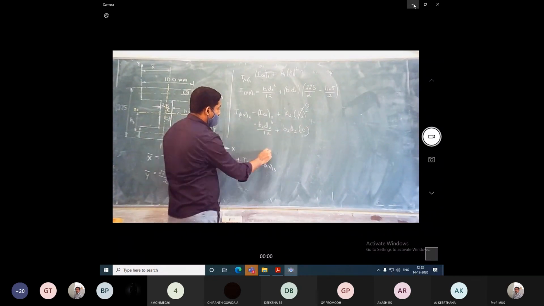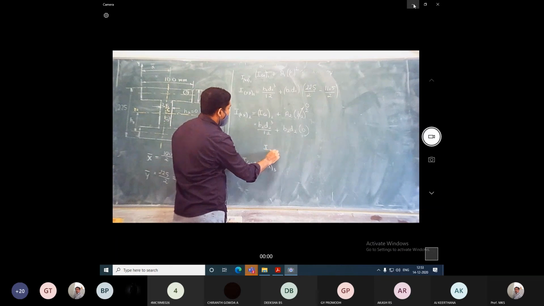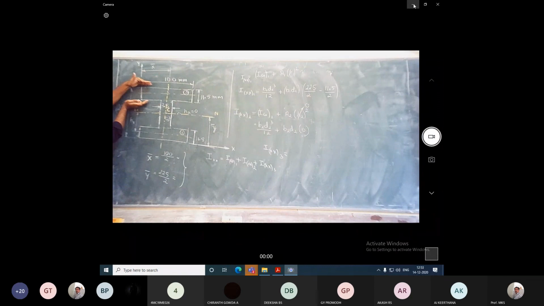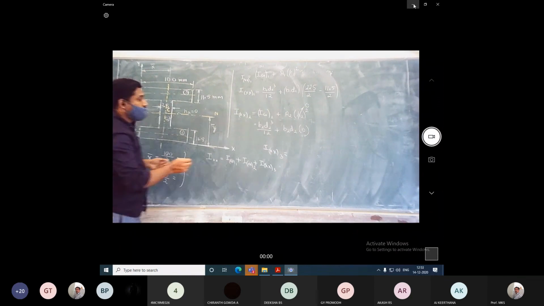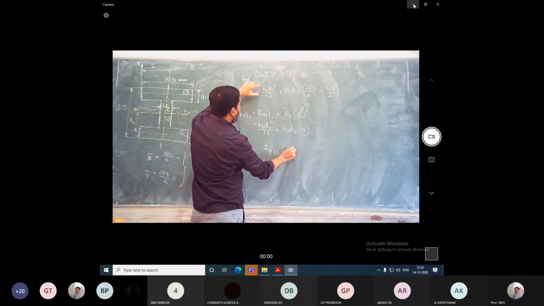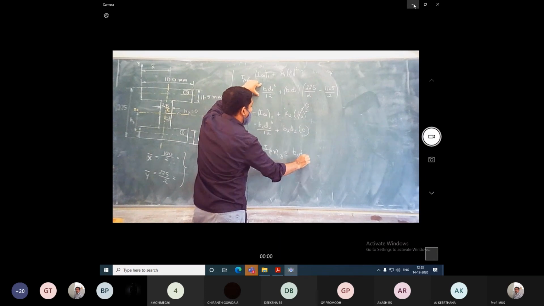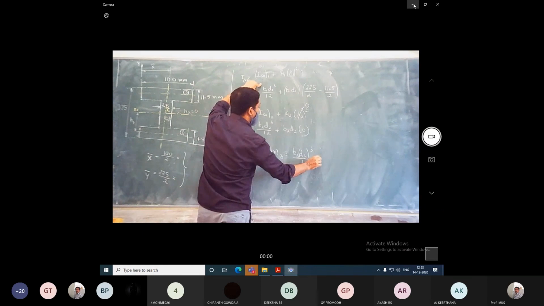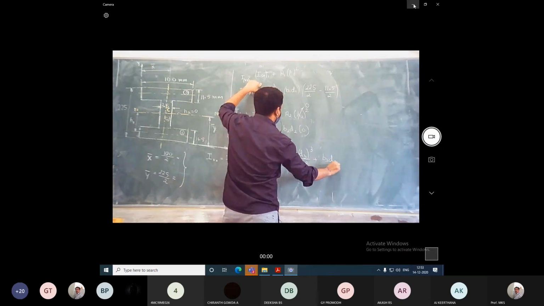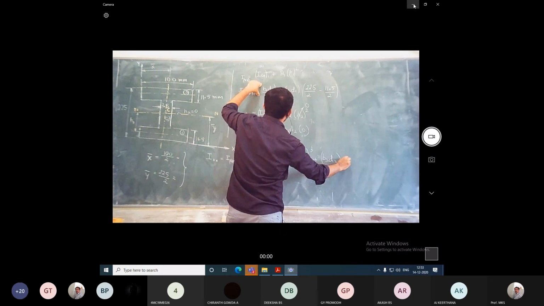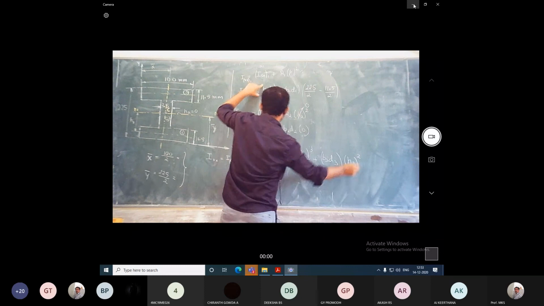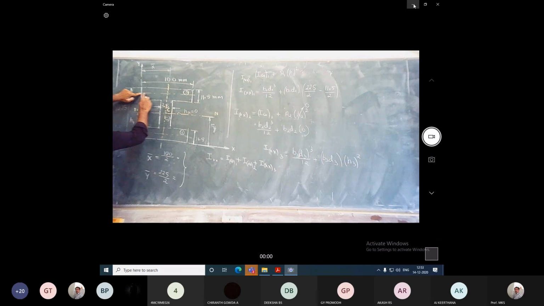Next we calculate Ix3 for the top flange. Ix3 will be the same equation: b3 d3 cube by 12 plus b3 d3, the area of that section, into h3 squared. So what is h3? This is the centroidal axis for this particular section.